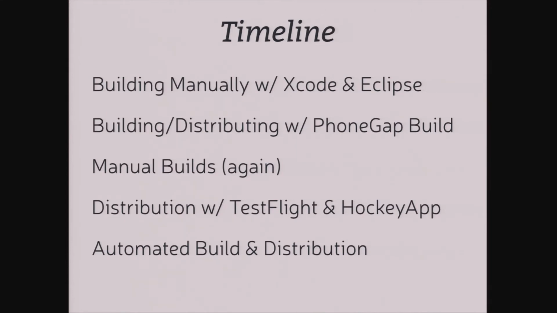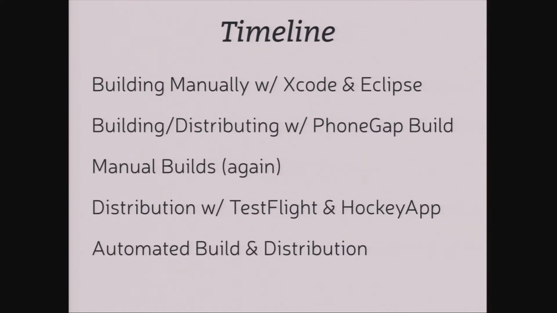Okay, so here's the timeline of what it looked like for us when we were starting to build the TripCase app, specifically the redesign. At first, we were building manually with Xcode and Eclipse through the IDE. We were pushing the build button.